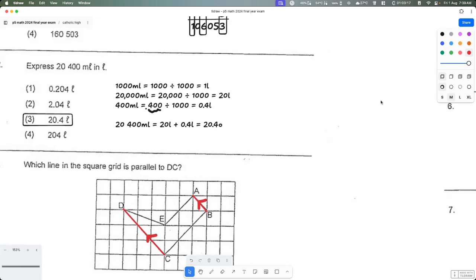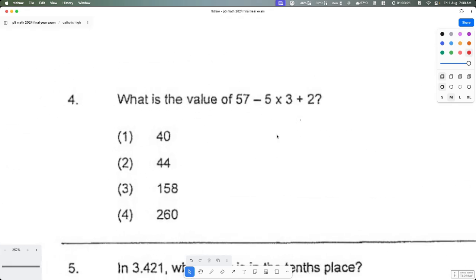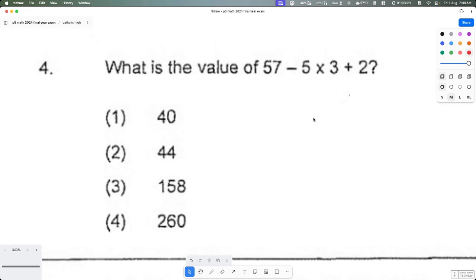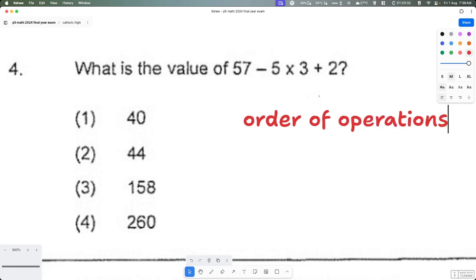Question number 4. What is the value of 57 minus 5 times 3 plus 2? For this, we have the order of operations.